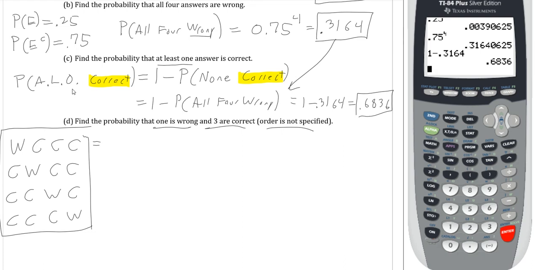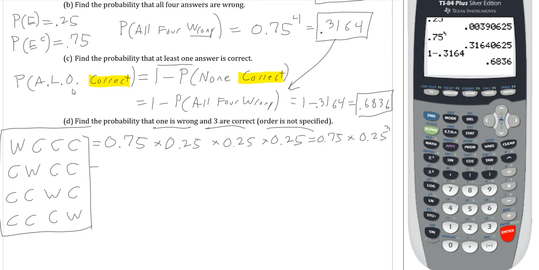So the first one being wrong should be 0.75, and the second one being correct is 0.25. And the third one being correct is 0.25, and the fourth one being correct is 0.25. Or 0.75 times 0.25 to the third power.